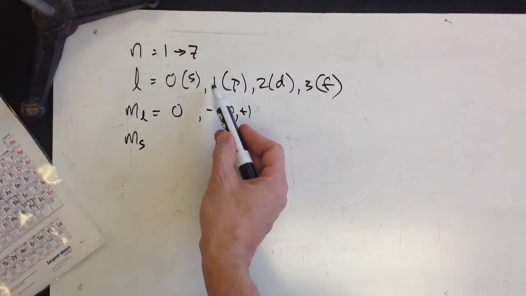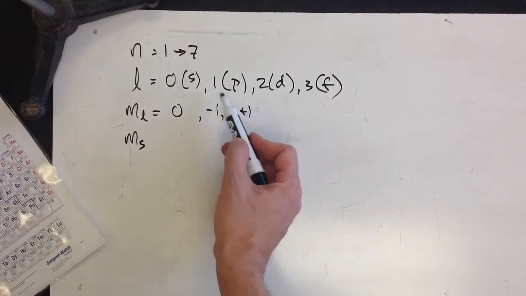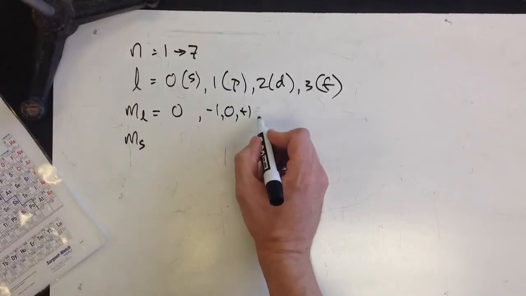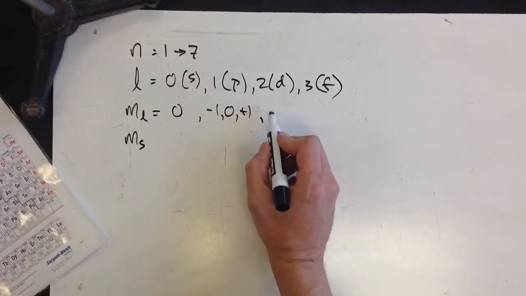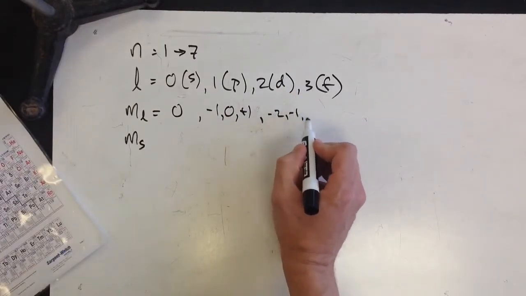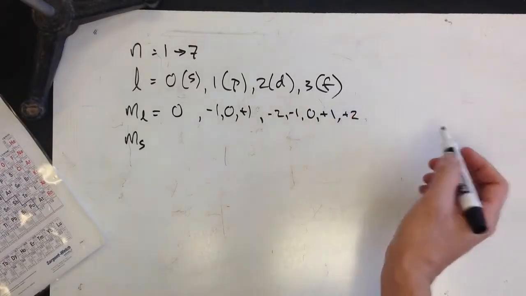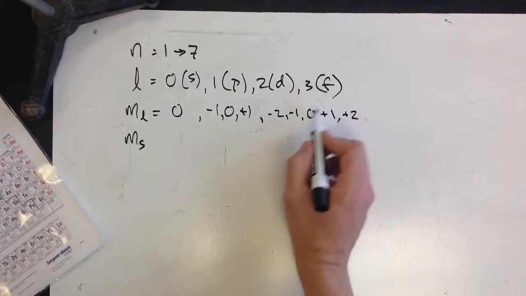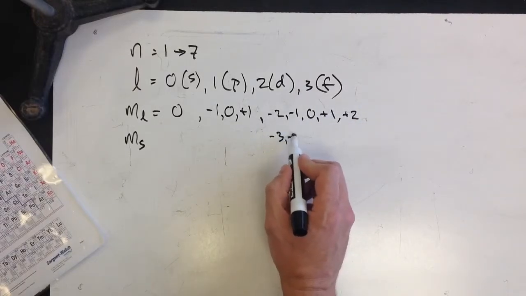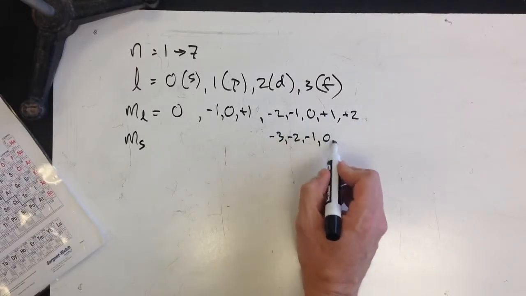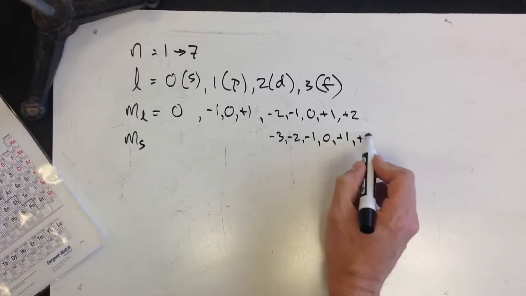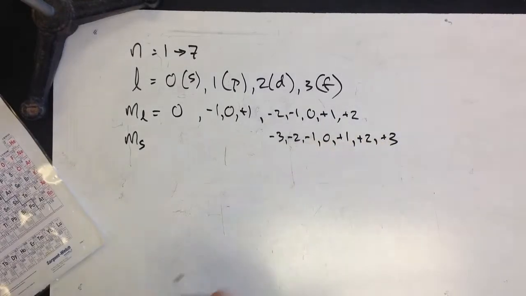So it corresponds to the value with the range from minus to positive for that value. Obviously then for the D, we could have -2, -1, 0, +1, or +2. And then finally for the F, it could be -3, -2, -1, 0, +1, +2, or +3.